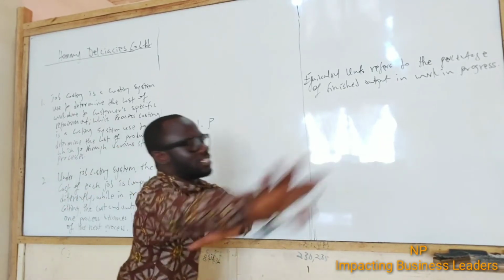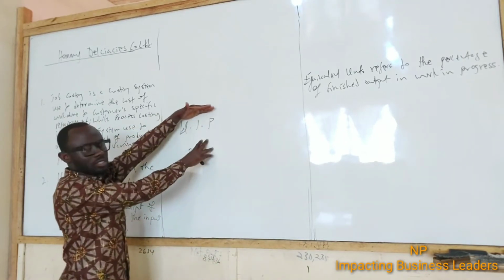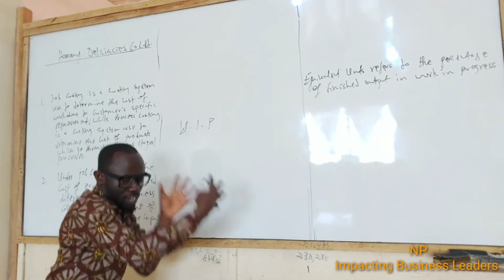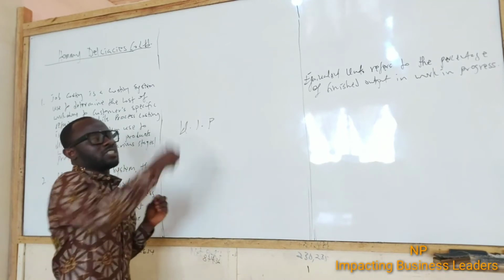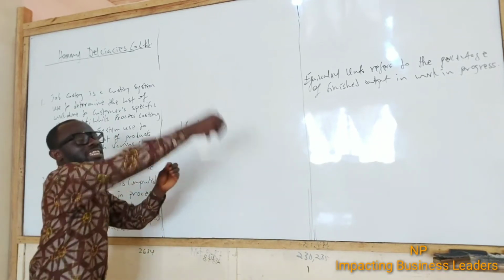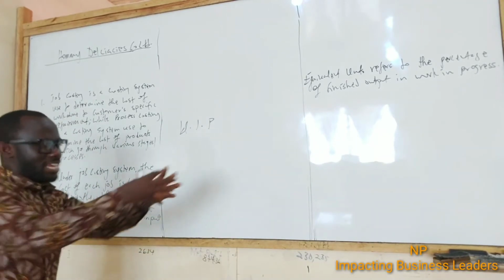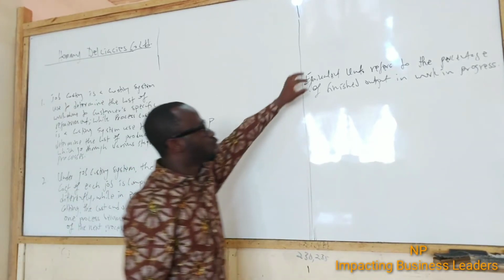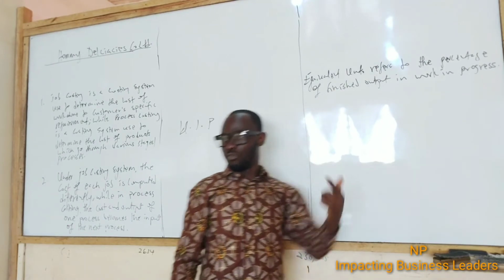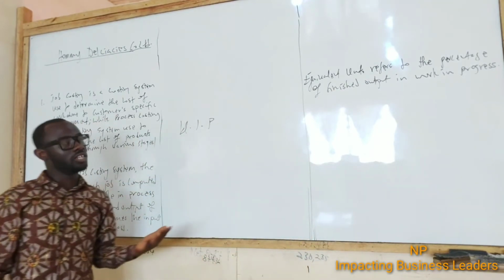All those we've cut down will be the work in progress. At the end of the period under discussion, we must find out the percentage of completion of the clothing that we have cut down. The percentage of the completion is what is referred to as the equivalent unit.